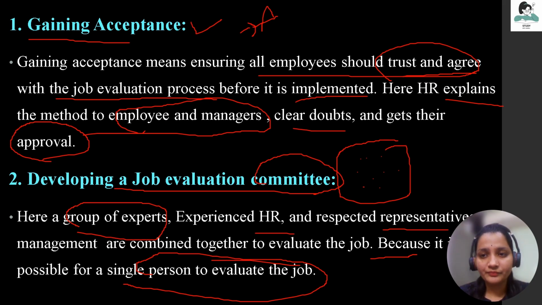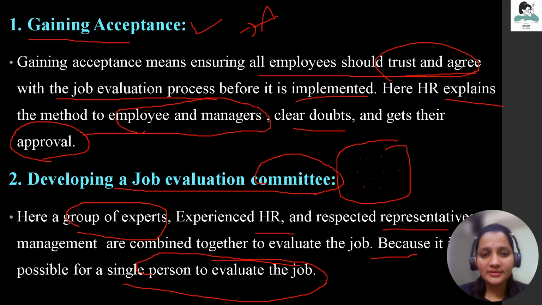So by reading this we can understand that we are forming a committee here, a group of experienced people. Obviously it is not possible to evaluate the jobs in the organization by a single person, right? So a committee, a group of members, is created to evaluate the jobs in the organization.